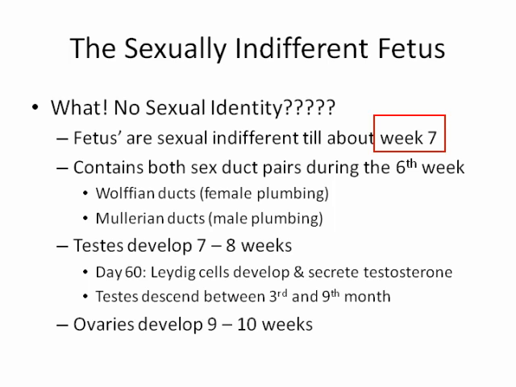If, and there's a little bit of a delay in this, TDF is not present, Sertoli cells will not be produced, testosterone will not be released, and therefore ovaries will develop.